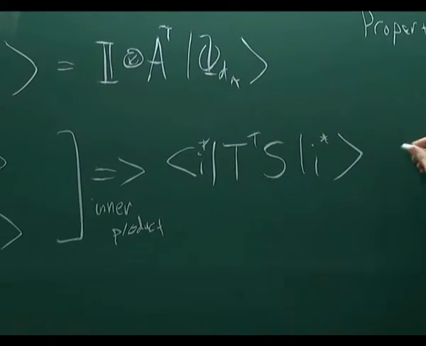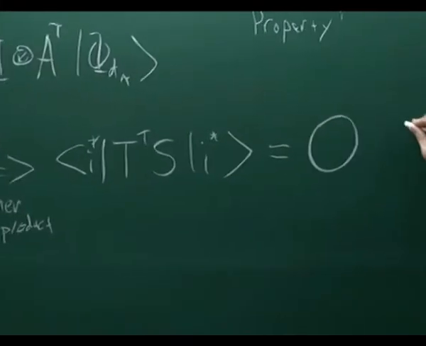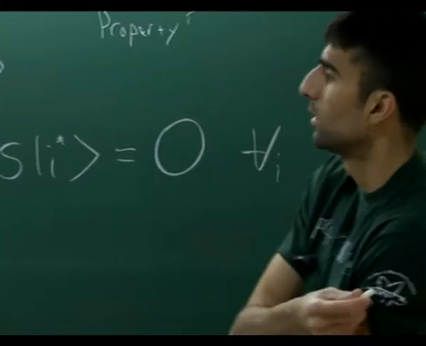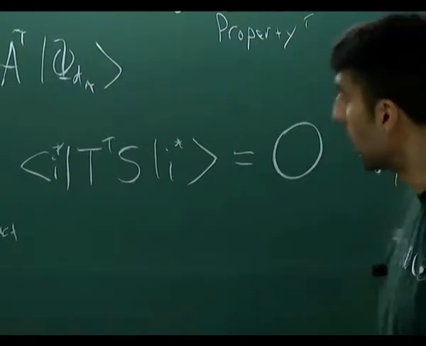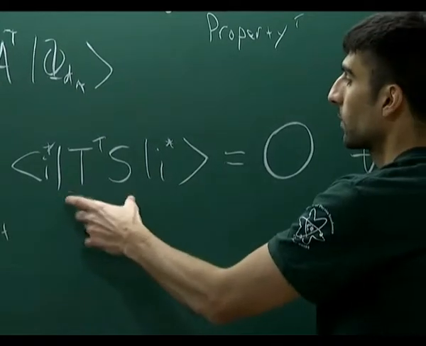Okay, and you want this to equal 0 for all i. You can double check this or go through this again, but this is what you end up getting.